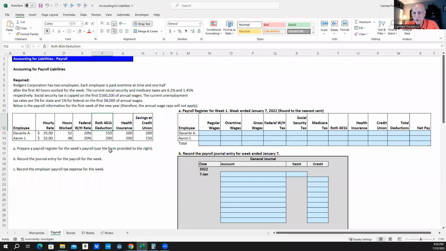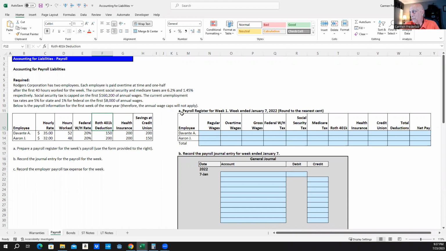Again, Roth 401k is the way to go, in my opinion. Then health insurance, we're going to treat this as after tax, even though typically it's pre-tax, but to keep it simple, we treat it as after tax. And savings at the credit union, this is money that they're putting aside to save in their credit union.